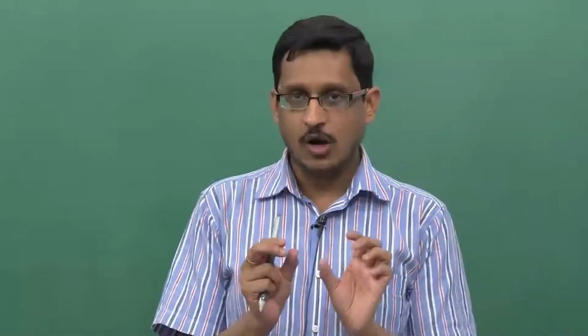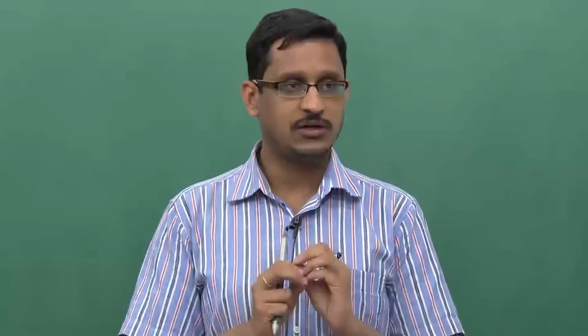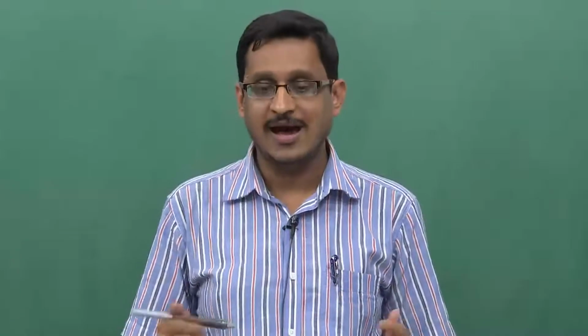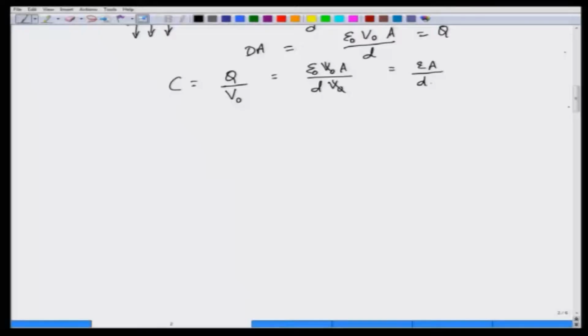So, there is always a certain maximum electric field that you can apply to any given dielectric, and this maximum electric field is called the dielectric breakdown, okay, because beyond this the dielectric simply breaks down.